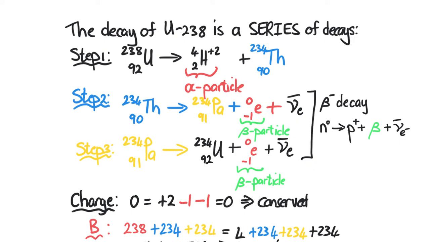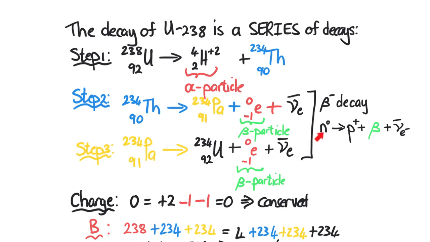Now, the second step in the series is that the thorium decays into a palladium, a beta particle, which in actual fact is a high energy electron, and an anti-electron neutrino. So this is in actual fact beta decay.